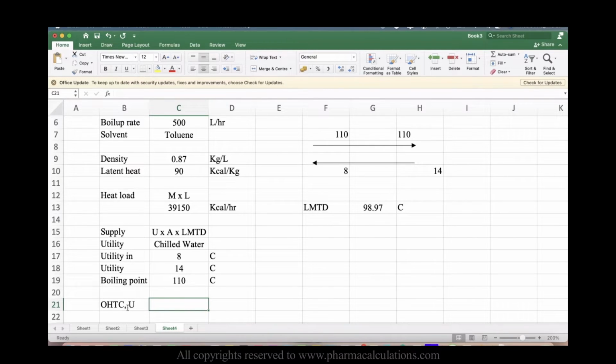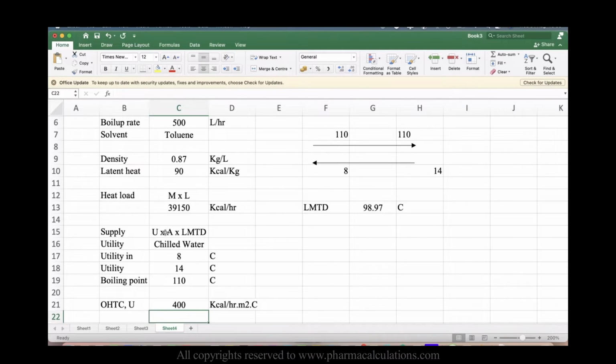Here I will be taking it as 400 kilocalorie per hour per meter square degree centigrade. Now we know U and we know LMTD, so we have to calculate the area A.